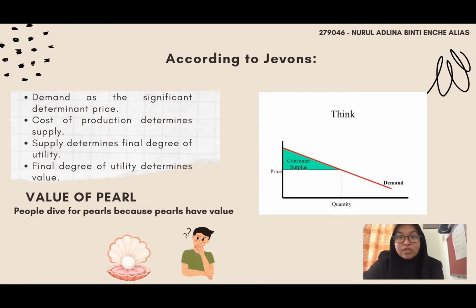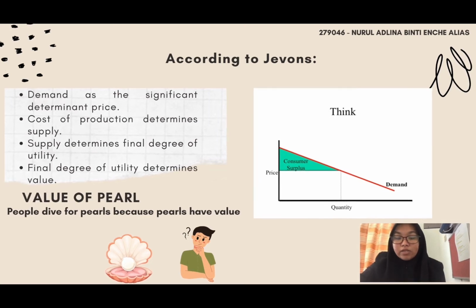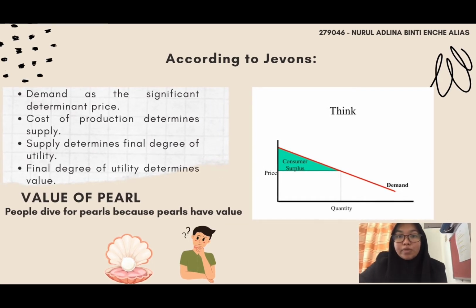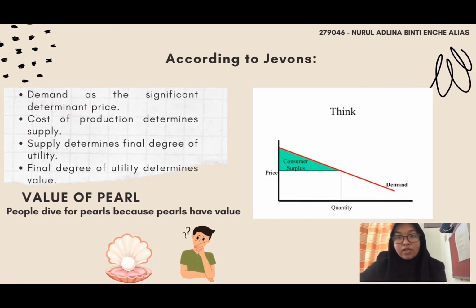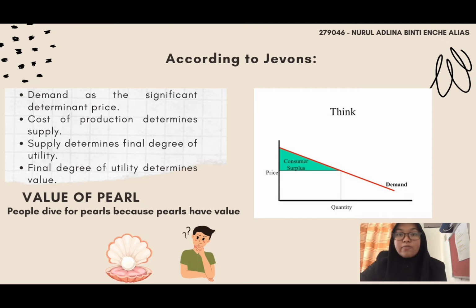Next is Jevons's opinion on the value of pearls. Do pearls have value because people need to die for them, or do people die for pearls because pearls have value? According to Jevons, people die for pearls because pearls have value.